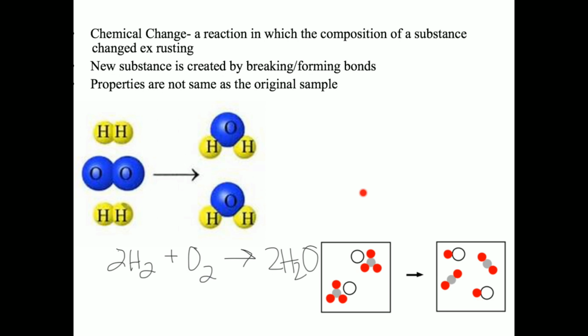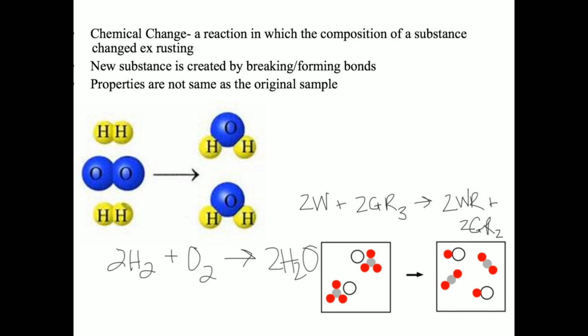In this particle diagram to your right, you can see another example of a chemical change. Once these particles collide, a bond is broken where this red particle forms a new bond with a white particle.